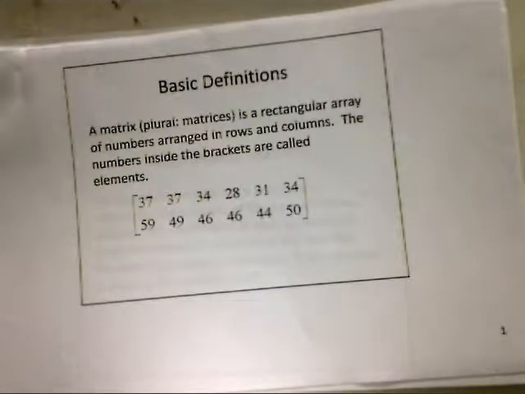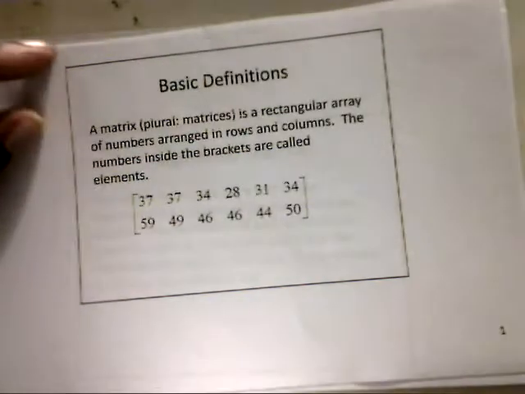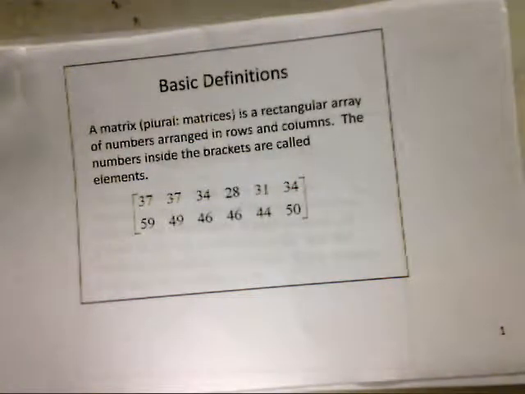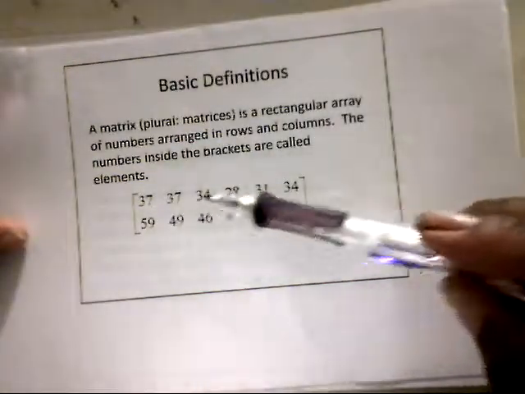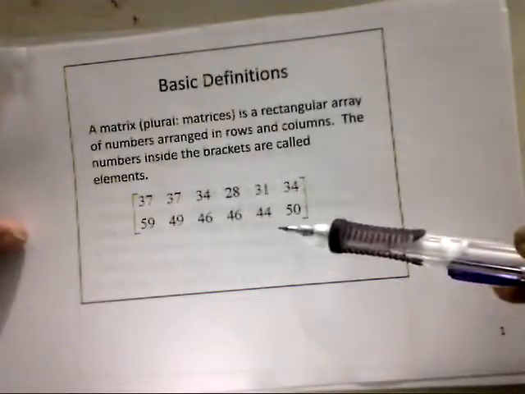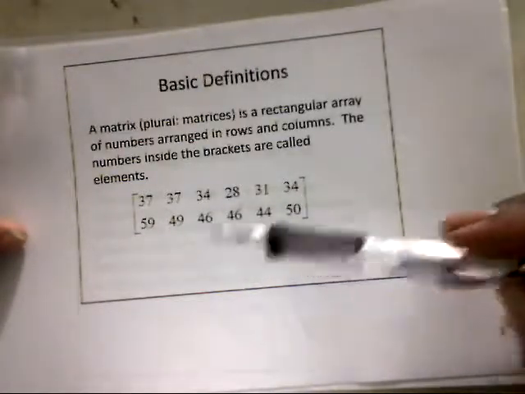We'll start off with a definition of a matrix, and the plural for that is matrices. A matrix is nothing but a rectangular array of numbers arranged in rows and columns. As you can see here, this is an example of what a matrix looks like. Here we have rows and columns, and each number inside the brackets has a special name.